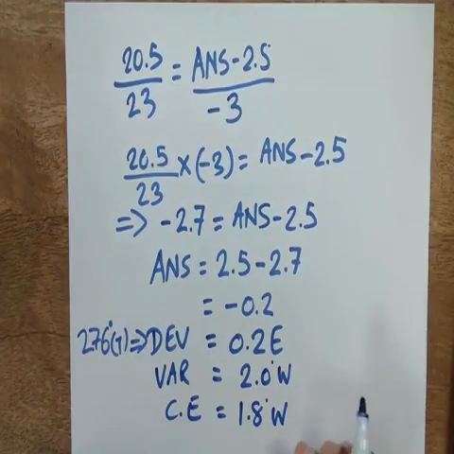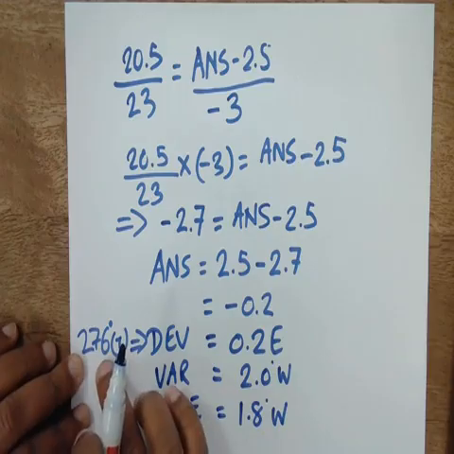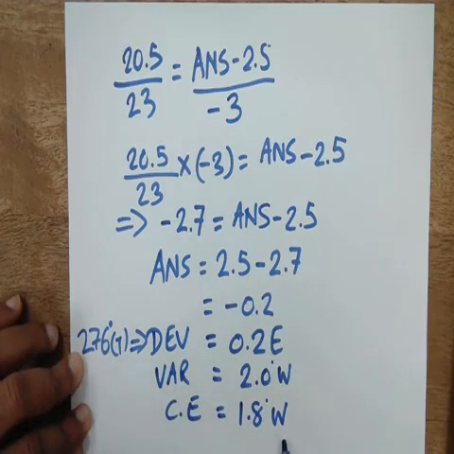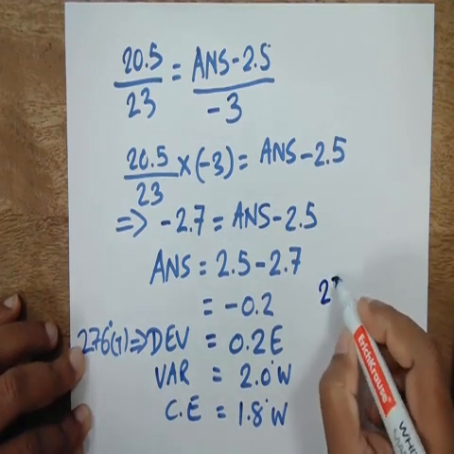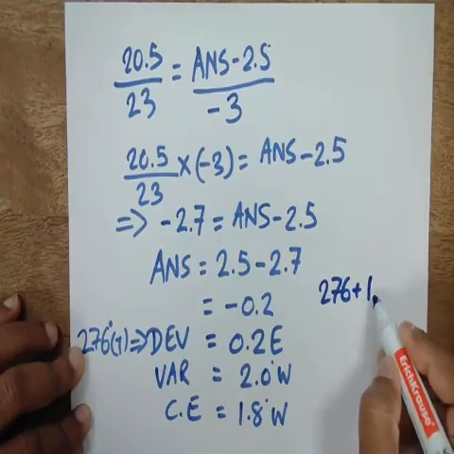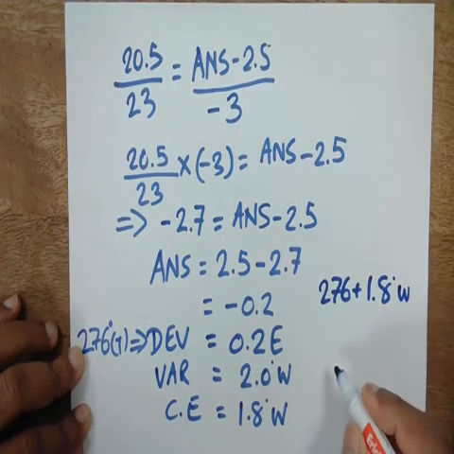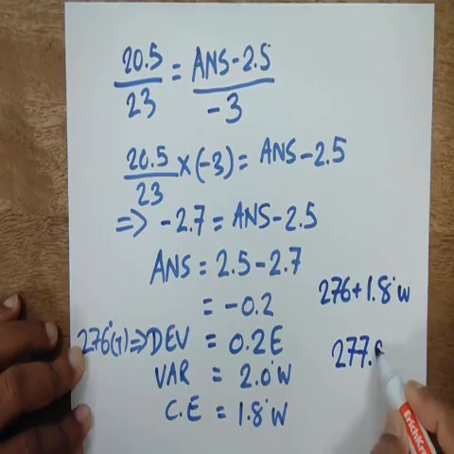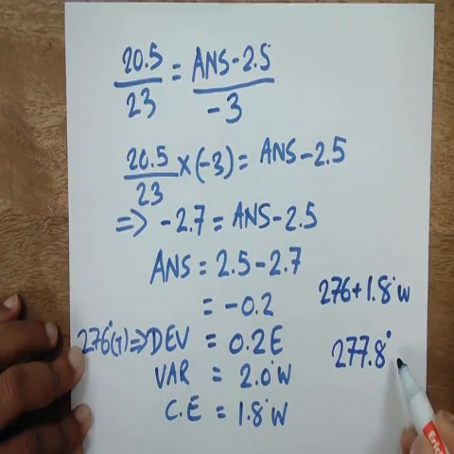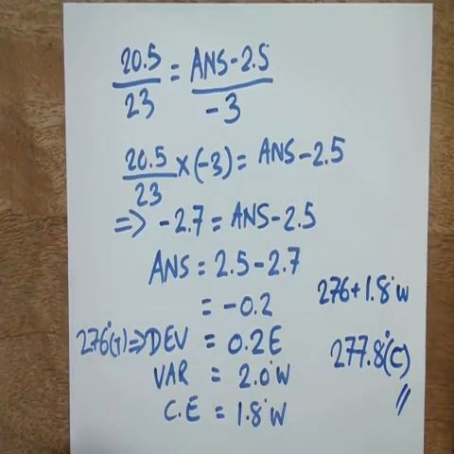Now, since 1.8 degrees west is the compass error, compass best error west, so the compass is more than 276. The answer is going to be 276 plus 1.8 degrees west. So the answer is going to be 277 decimal 8 degrees compass. This is the answer.